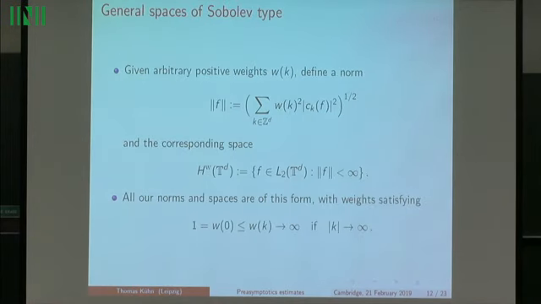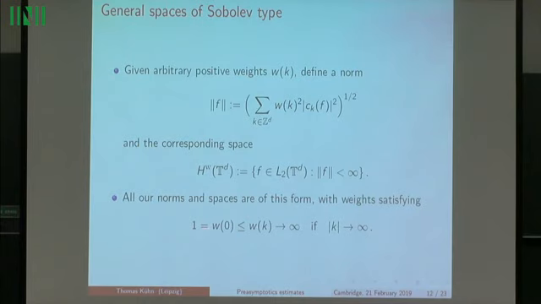So there's a general structure behind. So we have certain weights, w_k. We define a norm as a weighted L2 sum of the Fourier coefficients with these given weights. And let me denote for the moment the corresponding space by H_w, w from the weight. So in all the previous examples of spaces and norms, our weights are as follows.